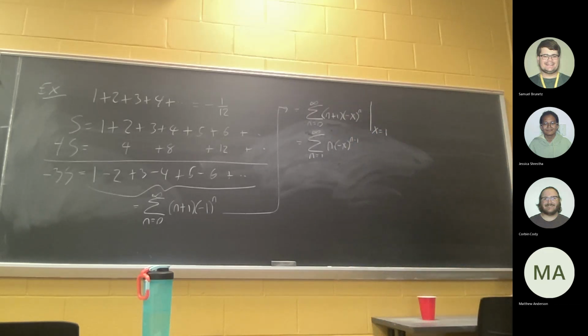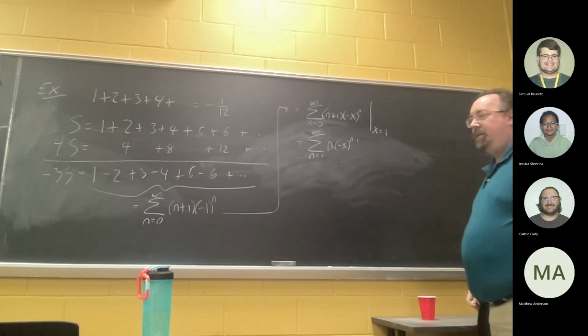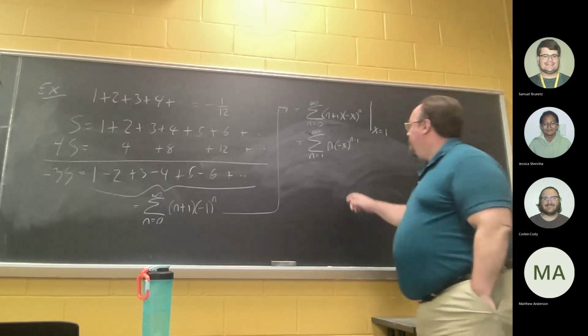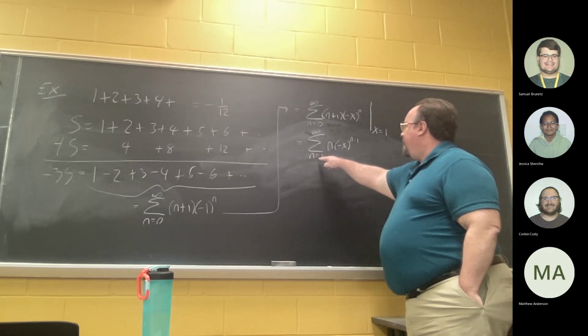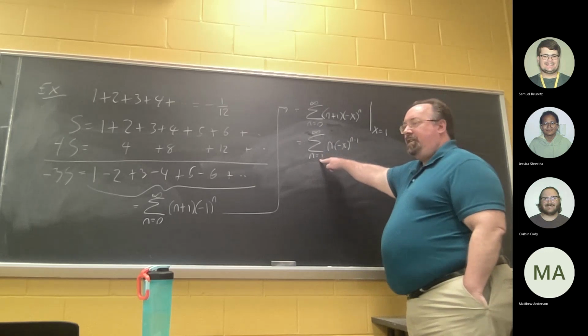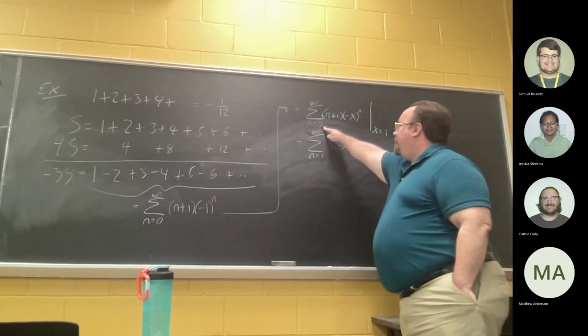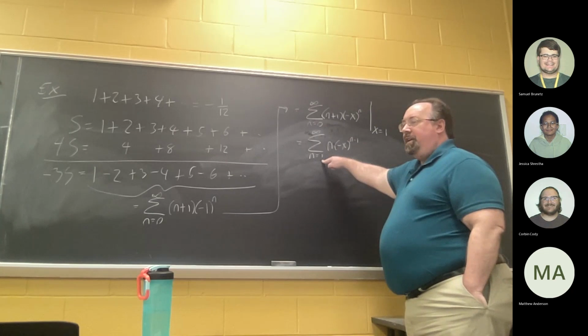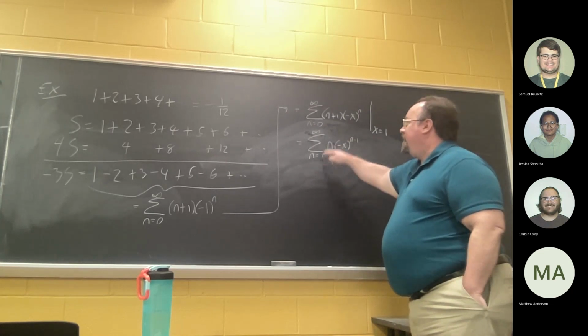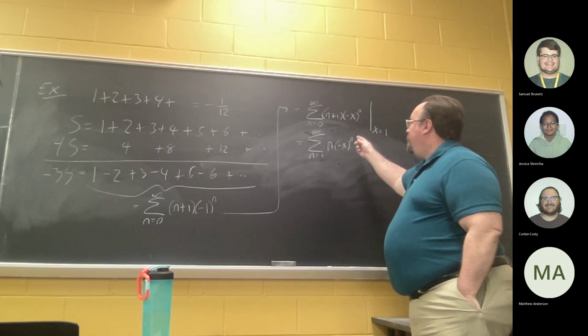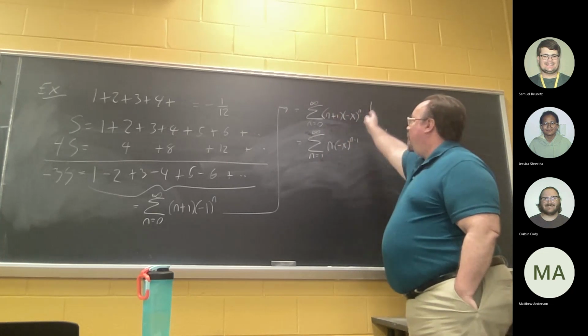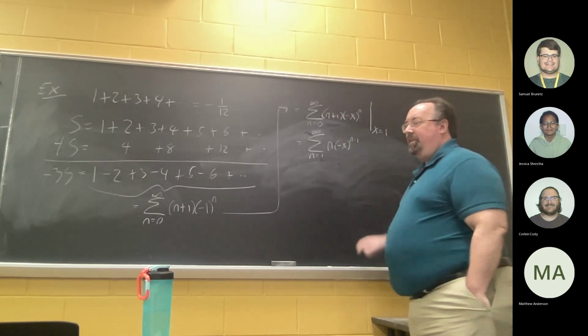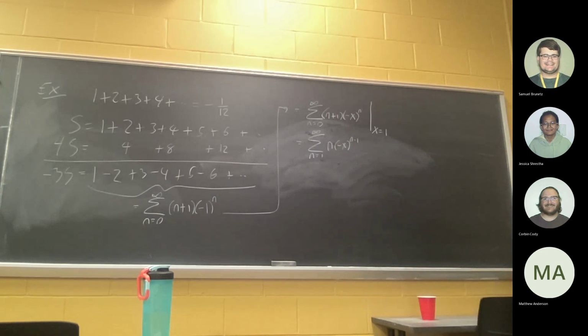Because I increased the starting value from n equals 0 to 1, to compensate I have to decrease n by 1 in here. So wherever you see n, you replace it by n minus 1, and that's how you do an index shift.